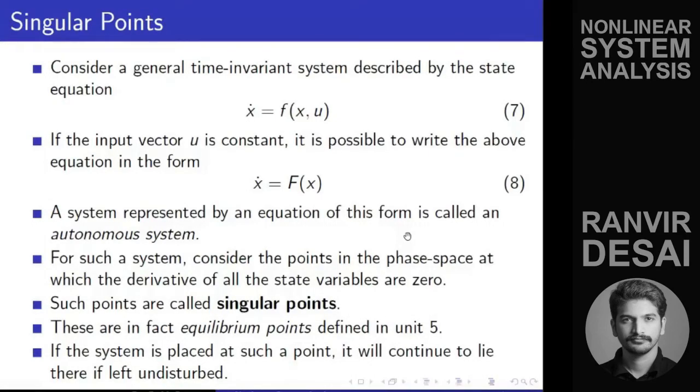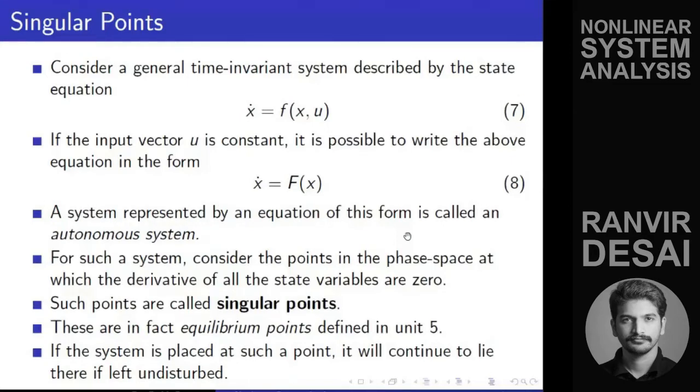You consider, don't go in the phase plane yet, where does the derivative of all state variables become zero? So you will have x1 dot is equal to 0, x2 dot is equal to 0, x3 dot is equal to 0. When will this happen? When all of them are constant. When x1 previous and x1 next are the same, that is, unchanging, then its derivative will be 0, right?